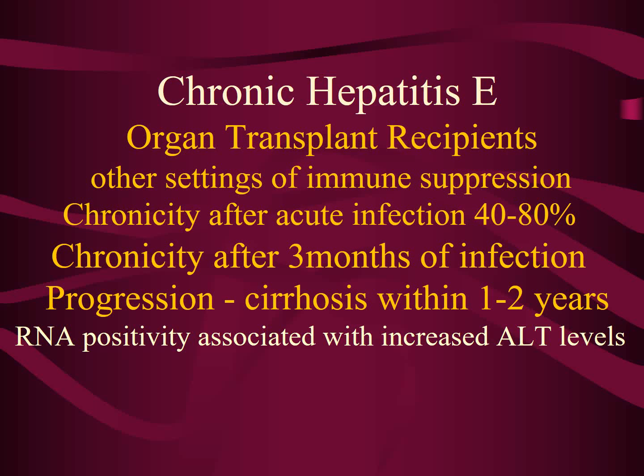Only in some cases, in organ transplant recipients or other settings of immunosuppression, chronicity occurs after acute infection, in these cases from 40 to 80%. Chronicity starts after 3 months of infection, progressing to cirrhosis within 1 to 2 years. RNA positivity is associated with increased ALT.